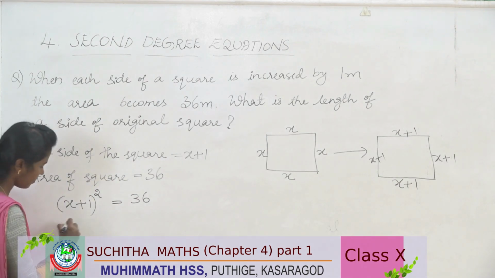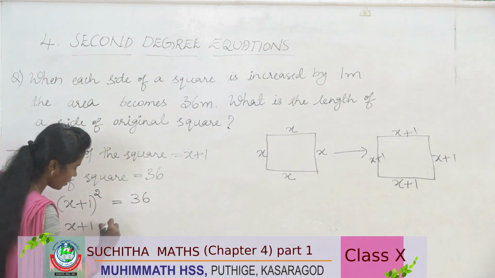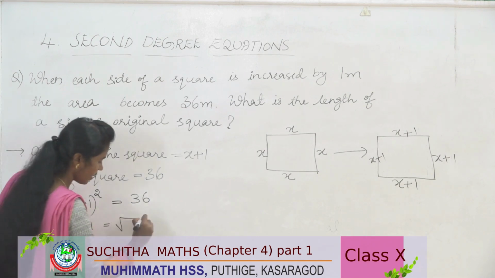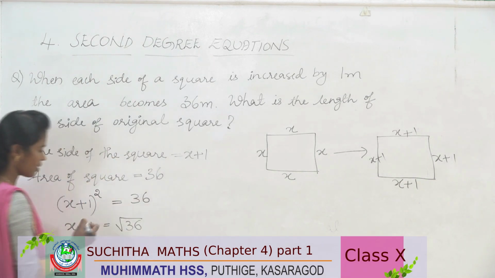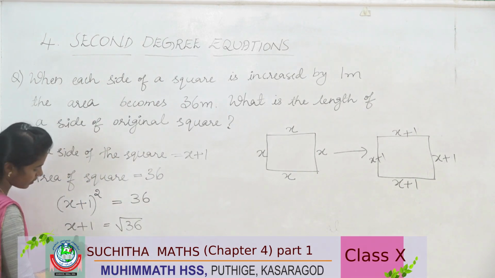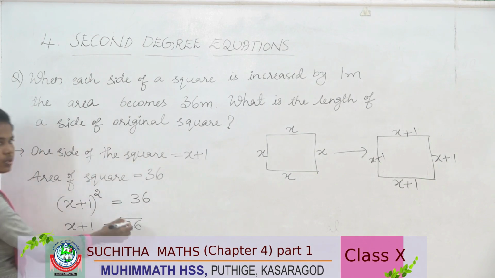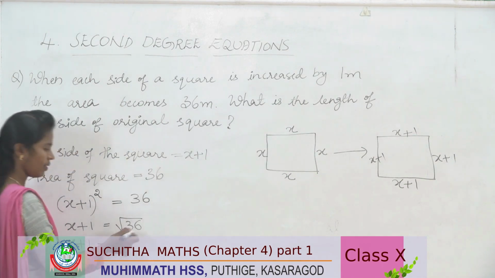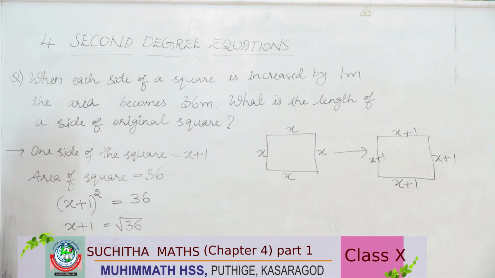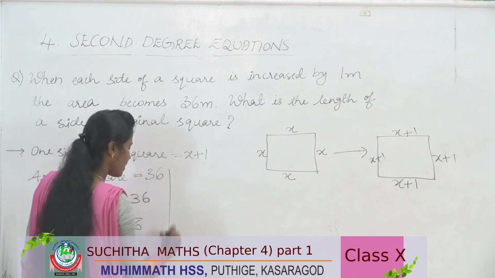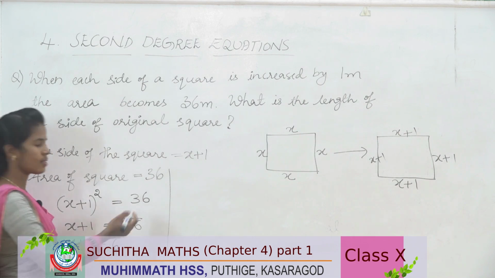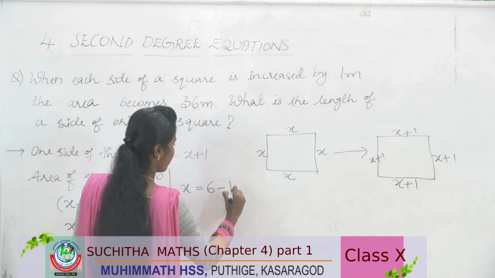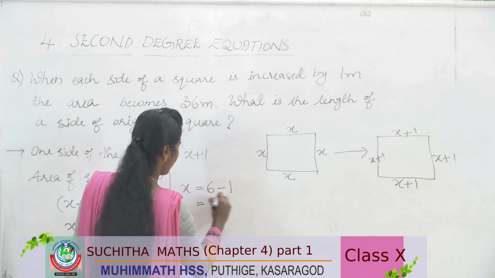Now in the next step, x plus 1 equal to, remove the square, so it becomes square root of 36. That is x plus 1 equal to square root of 36, which is 6. 6 into 6 is 36. Therefore square root of 36 is 6. So x plus 1 equal to 6. Therefore x equal to 6 minus 1 equal to 5.